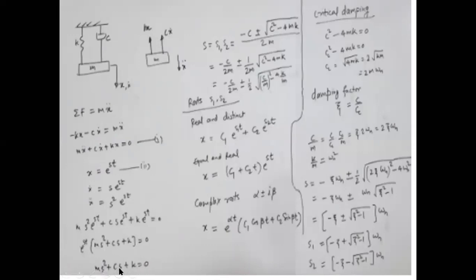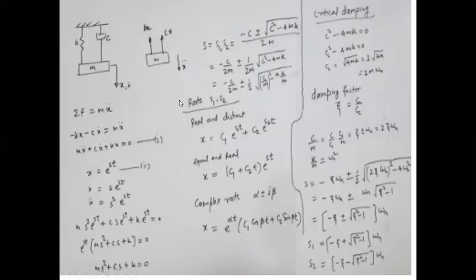For this equation, there are two roots, s1 and s2, and those can be determined from the standard equation minus b plus minus under root b square minus 4ac divided by 2a. But in this equation, a is small m, b is small c, and c is k.